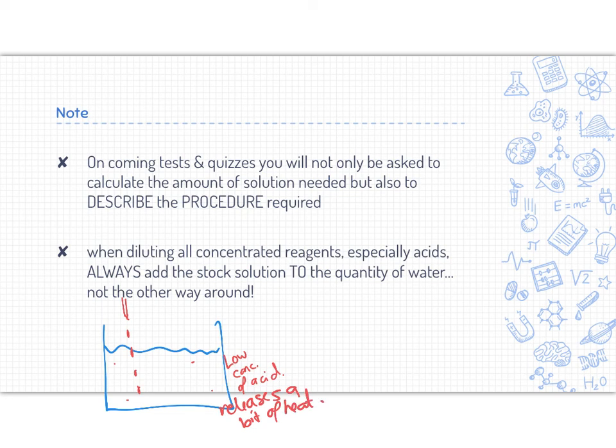However, if I've got it the other way around, I've got my acid and I'm adding water to it, when I add a little bit of water, yes, it is a small amount, I guess, in comparison. However, my acid is very concentrated still, very concentrated acid.